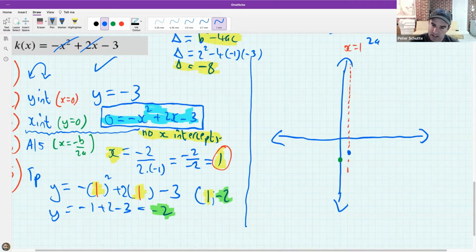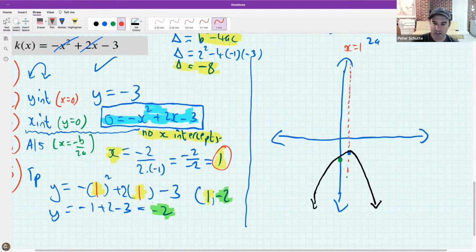Now, guys, can you see that there are no other extra points I need? I'm going to fit my shape just through those 2 points. So watch this. It's an unhappy graph, and the highest point it gets to is that blue one. Then it goes down like this.